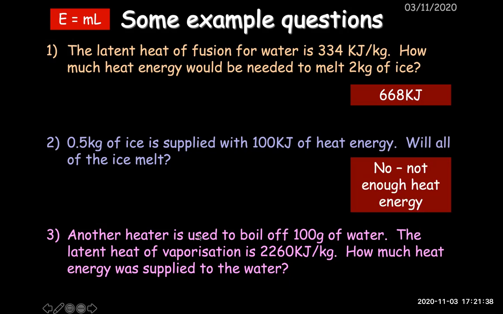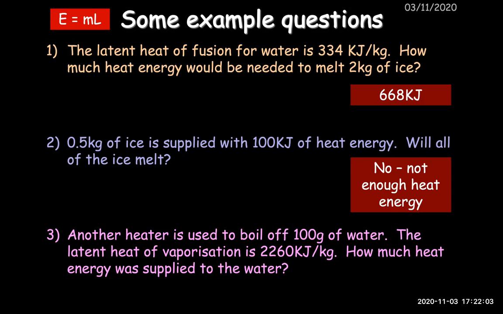Another heater is used to boil off 100 grams of water. The latent heat of vaporization is a different number this time because this is vaporization. How much energy was supplied to the water? So it's still the L, the vaporization is the L. And we've got 100 grams, so that's 0.1 of a kilogram.